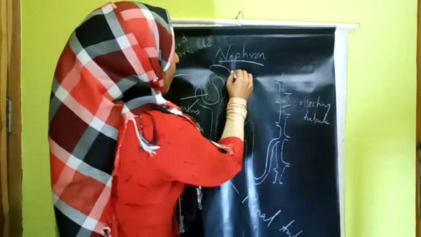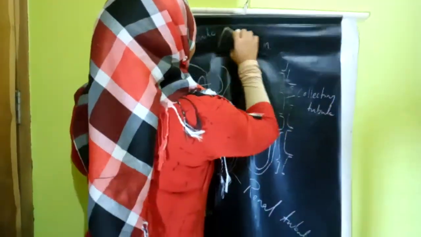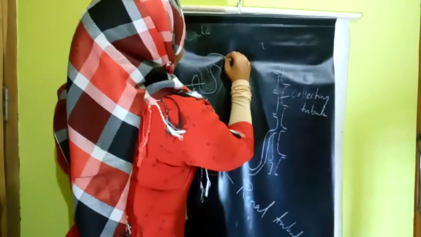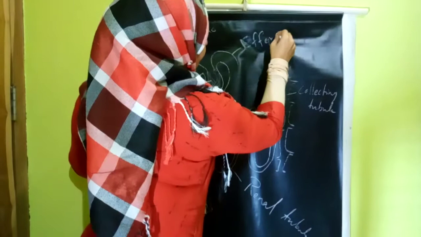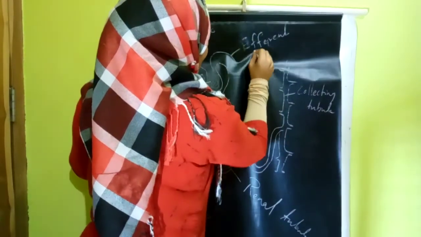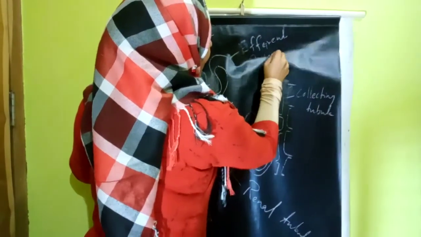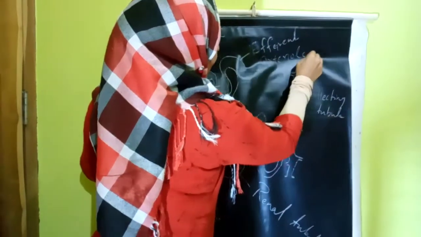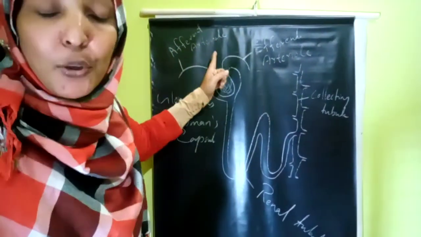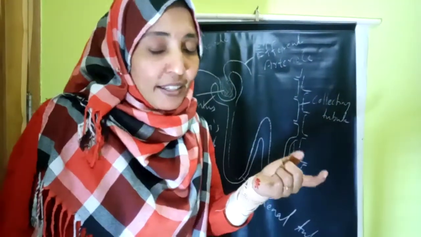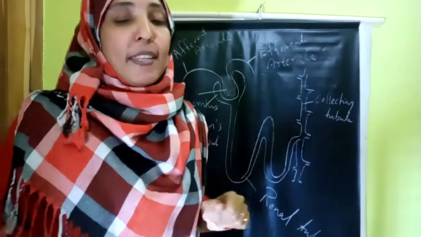This branch is called the efferent arteriole. The afferent arteriole is the branch of the renal artery which gives blood to the Bowman's capsule.